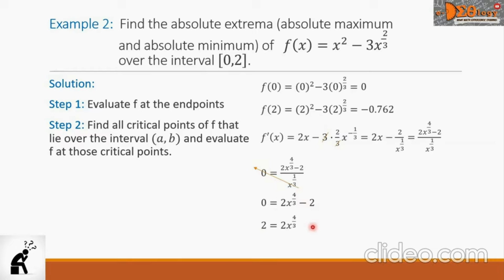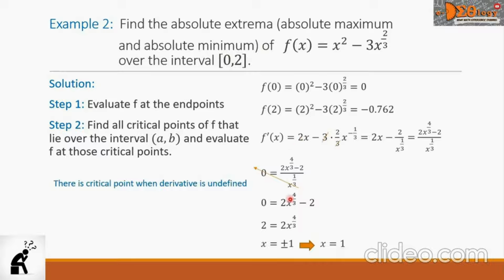From this line here, we can solve for x, and we will find out that the value of x is plus or minus 1. But take note that x equals negative 1 is out of the interval given in the problem. So we will only accept the value of x equals positive 1.